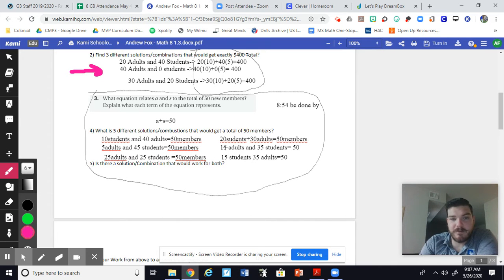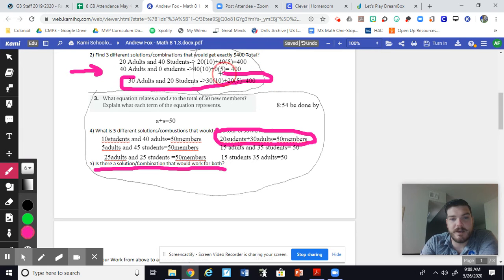From there, we answered this question. What combination would work for both of them? And we see that we have this one, 20 students plus 30 adults, and this one is actually our point of intersection, which is where we were looking for anyway.